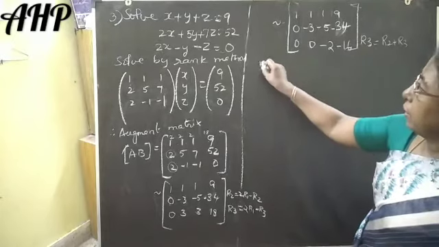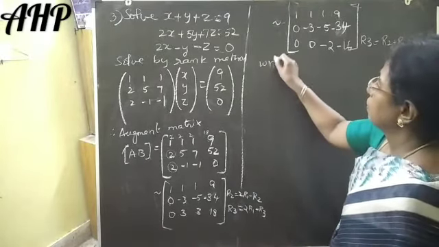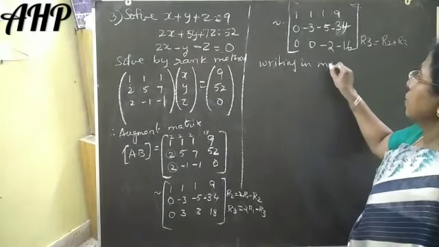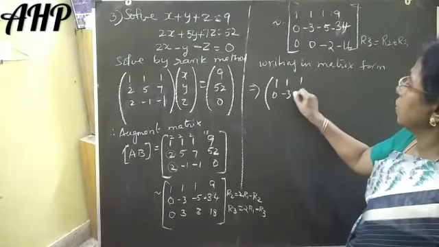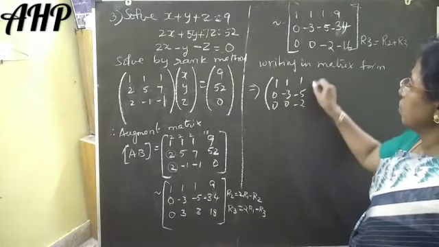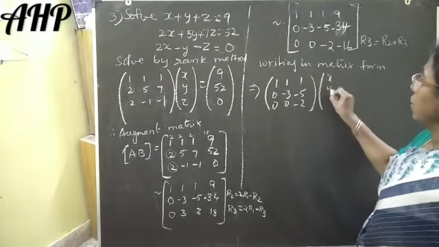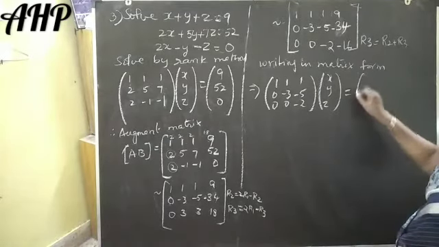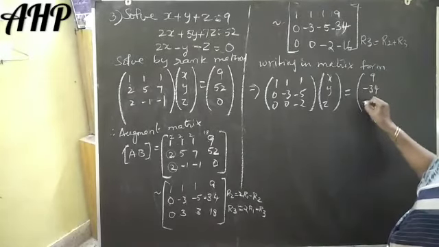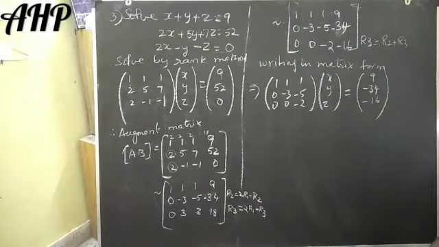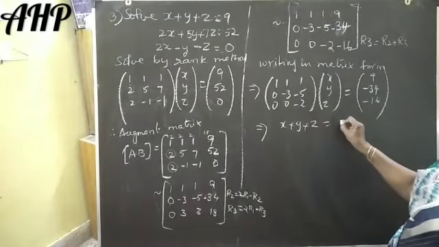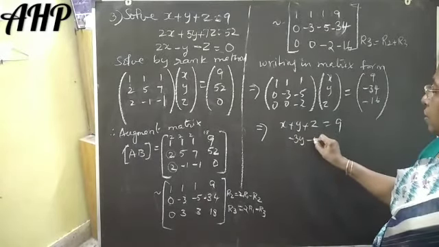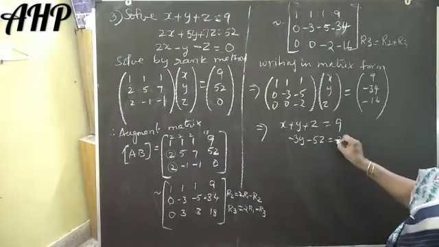Then writing again in matrix equation form, this gives you 1, 1, 1, 0, minus 3, minus 5, 0, 0, minus 2 into x, y, z is equal to 9, minus 34, minus 16, which gives you x plus y plus z is equal to 9, minus 3y minus 5z is equal to minus 34.